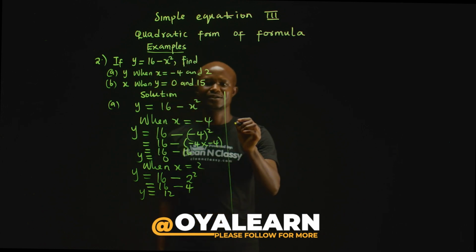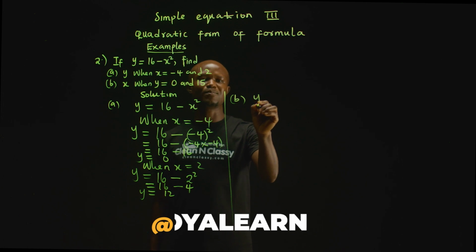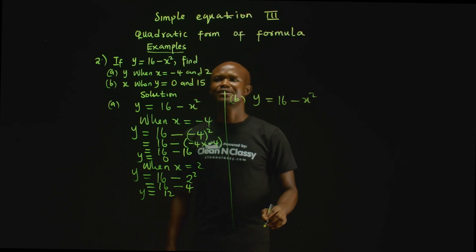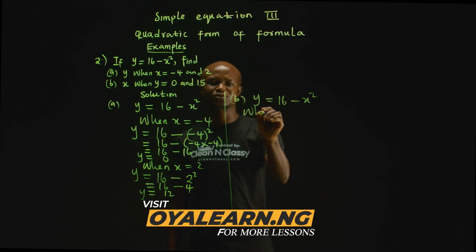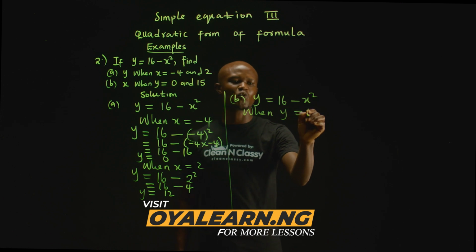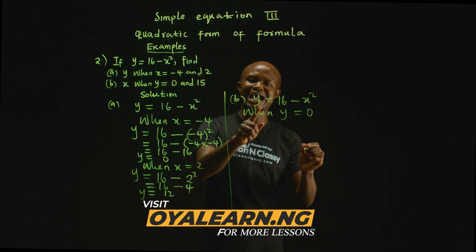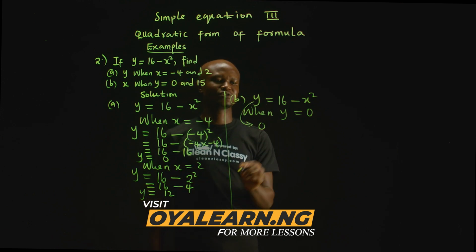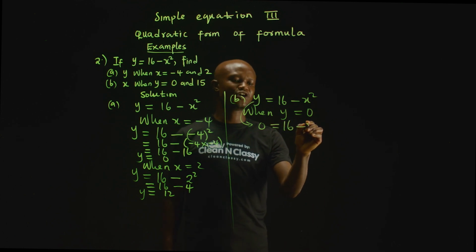Now, the B part. We still go back to the formula y equals 16 minus x squared. When y equals 0, what will be the value of x? Anywhere we see y, we substitute y as 0. Then 0 equals 16 minus x squared.